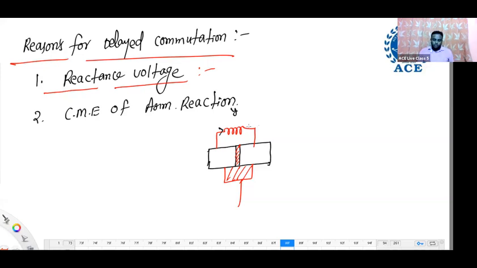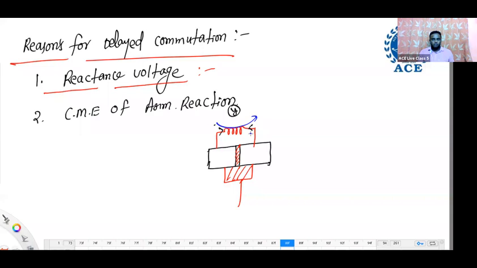So in that short time, the current in the coil is reversed. Initially current is going in one direction, and flux is in one direction. Suppose the thumb is the current direction and the four fingers are the flux.